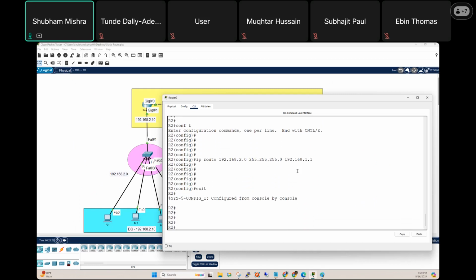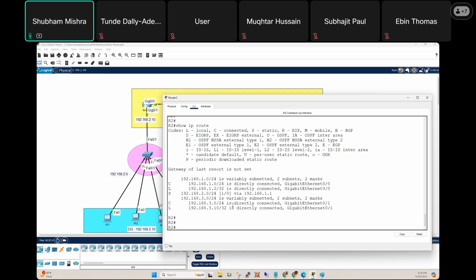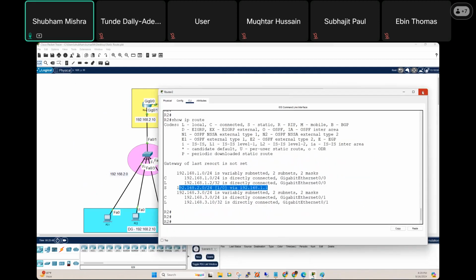Tell me yes. Show IP route. See, is there any static route? 192.168.2.0 subnet, AD value, and what is the next hop? 192.168.1.1. Are you done, everyone?